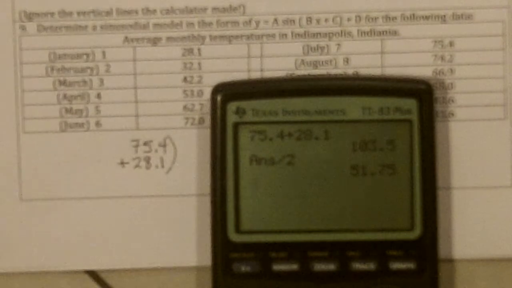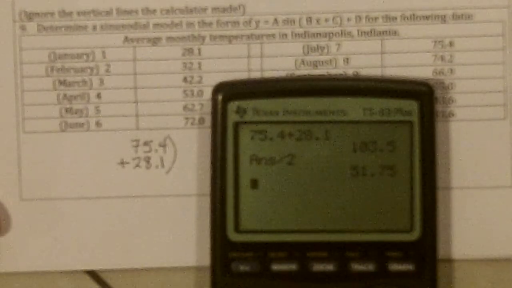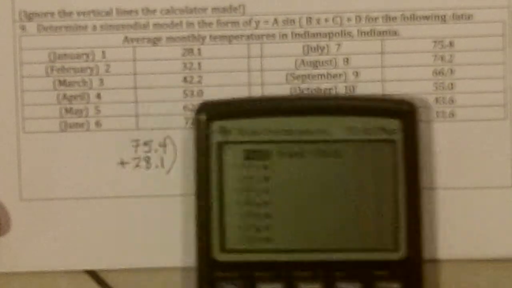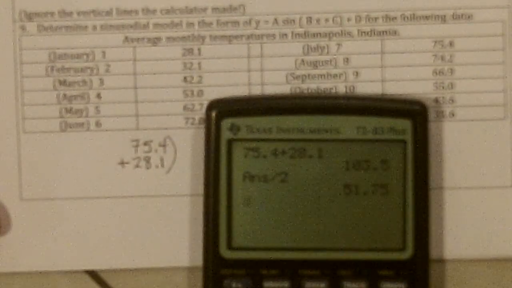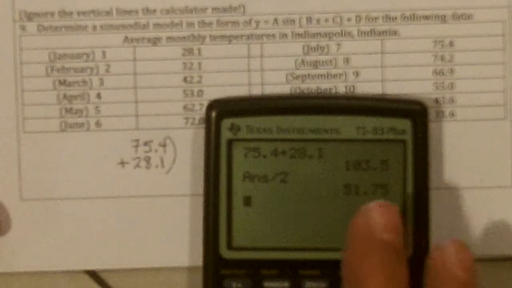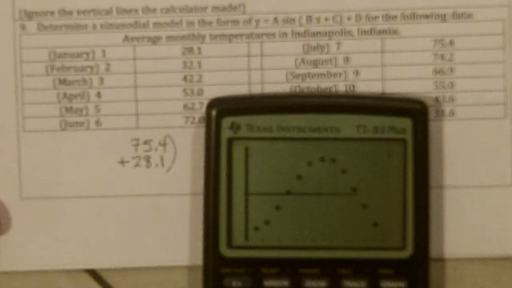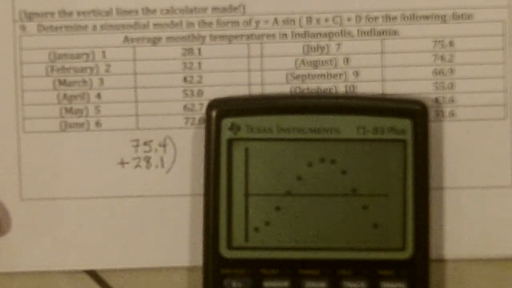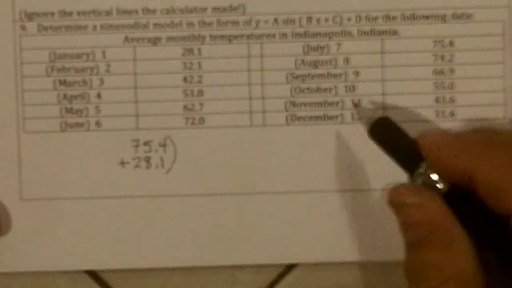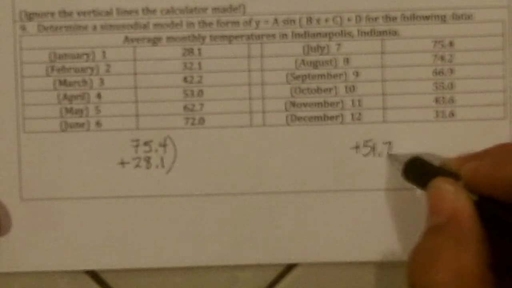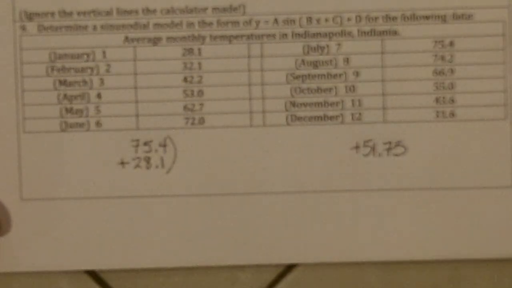It says the center line should be about 51.75. Let's take a quick look at that. I'm going to go to y equals and write in 51.75. Graph. Does that look like about the center? That's pretty close. So this graph is moved up 51.75. That would be my D.